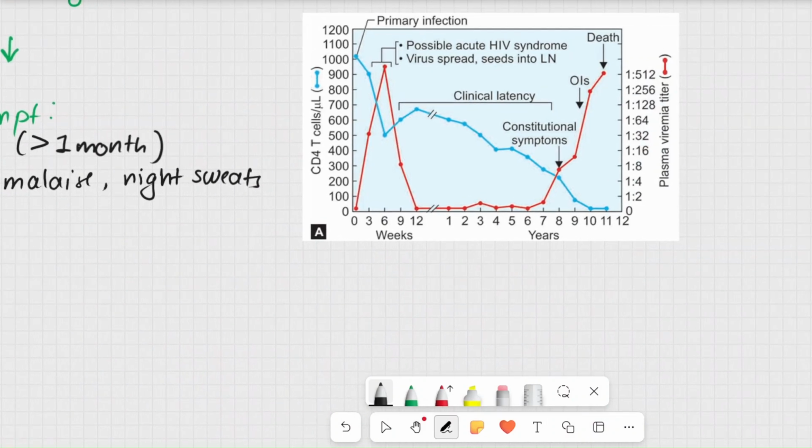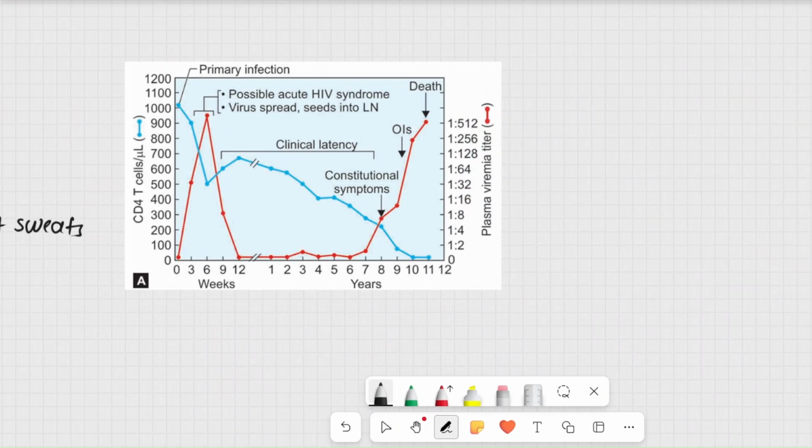Let's have a look at the graph explaining the same stage. Over here, can we see this is your latency, the CD4 T cell count is nearly normal. Yes or no? Now after a long period of time, what is going to happen? Can you see your CD4 T cell count over here? We can see that the CD4 T cell count is decreasing, and of course your viral load is going to start increasing.